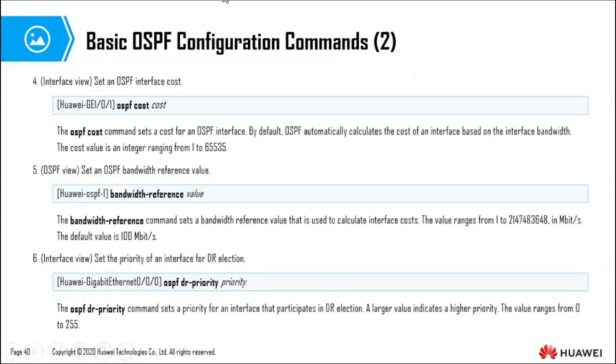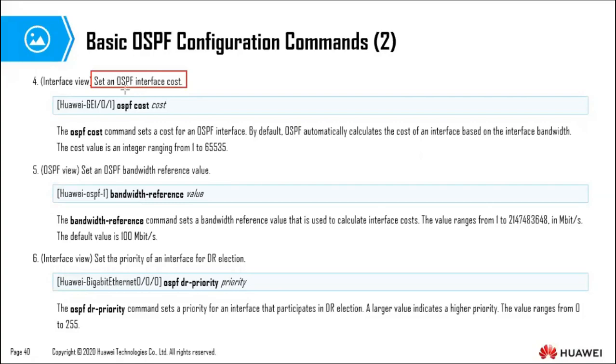After that, we can set the interface cost. We can set the interface cost so that we can decide to manually choose the path that is going to be added to the routing table, so that maybe we can share bandwidth or something.